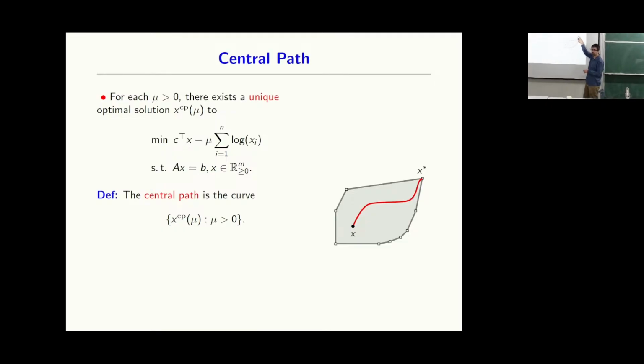And eventually you will converge to the optimal solution. So you'll trace some path through the interior of the feasible region, assuming the feasible region has an interior, which we're always going to be assuming. And it'll trace this very nice continuous path that goes all the way to an optimal solution.